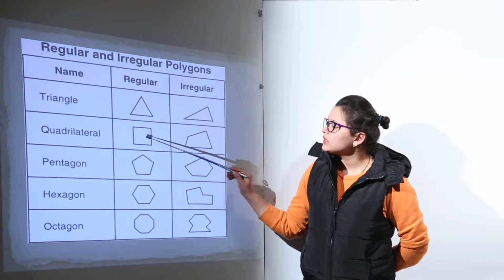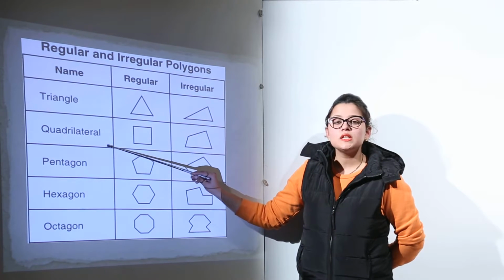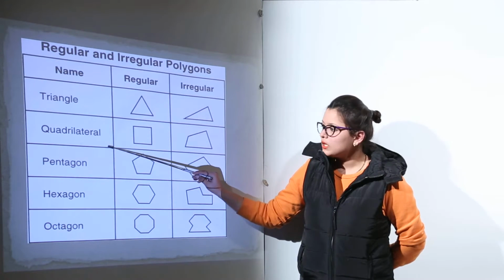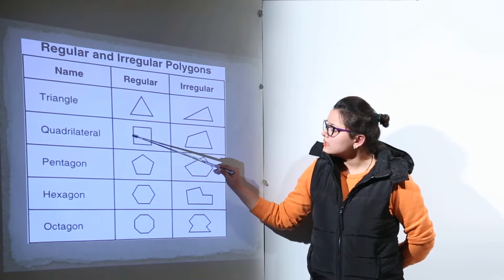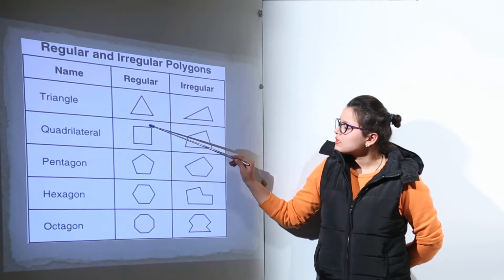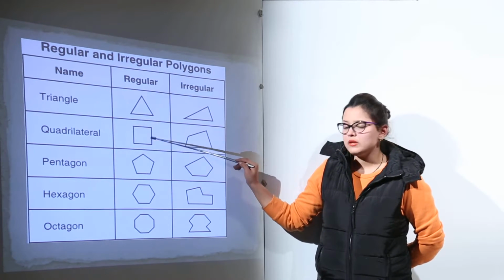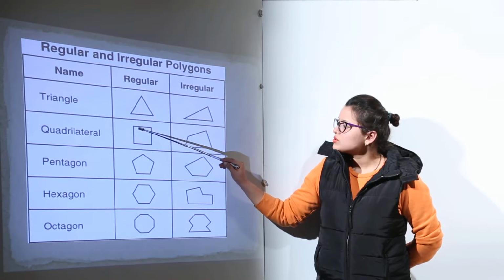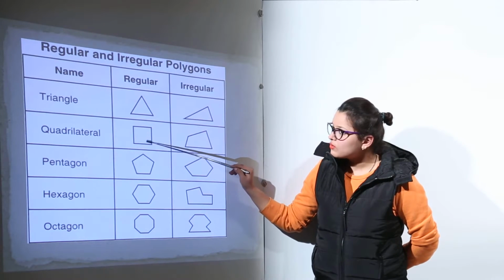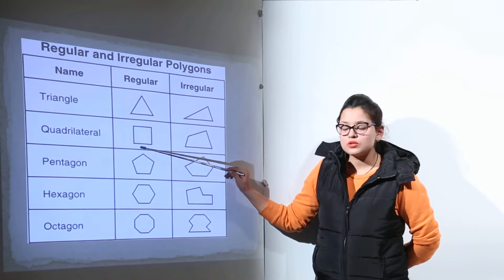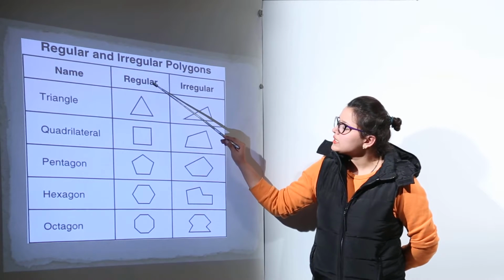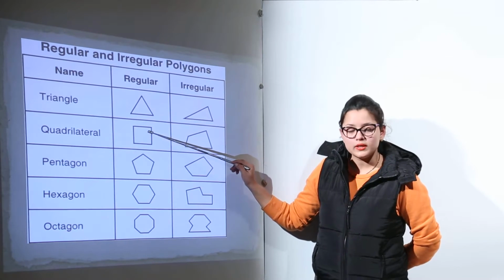Let us move on with the quadrilateral. Quadrilateral means a four-sided polygon. Now, you can check that here all the four sides of this polygon are equal. You can also see that all the angles are also equal. So, I can take it as the regular quadrilateral.